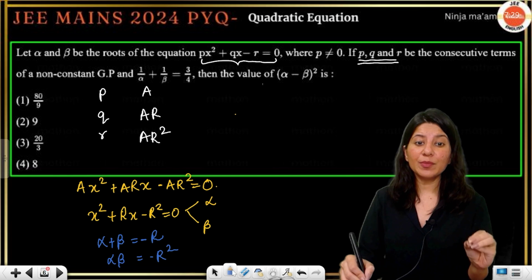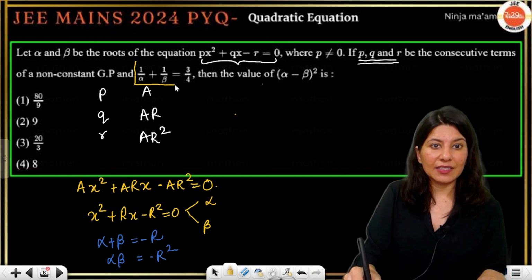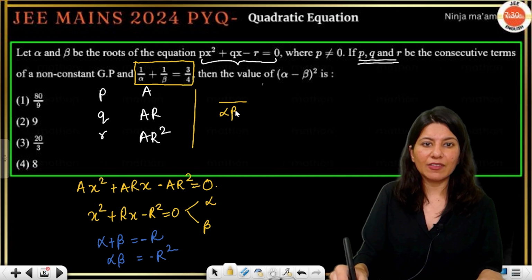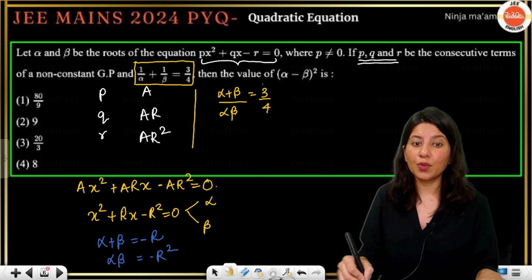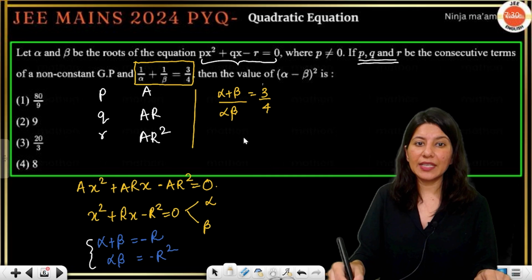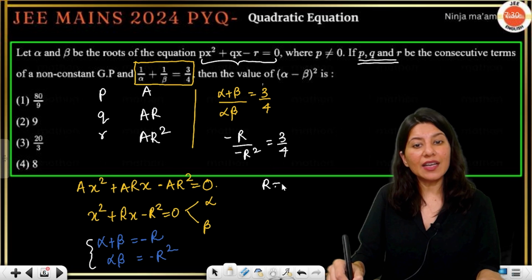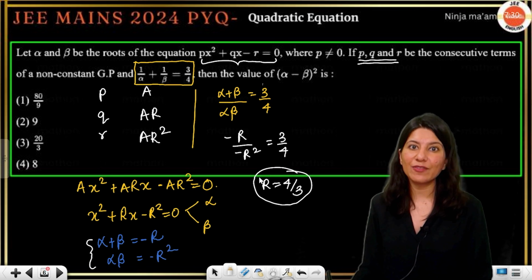And now one piece of information which is given to us, let's not forget this, let us make use of this. Let us just take LCM. Alpha plus beta upon alpha beta equals 3 by 4. You've just calculated sum of roots and product of roots. Using this, minus R upon minus R square equals 3 by 4. So R is coming out as 4 by 3.